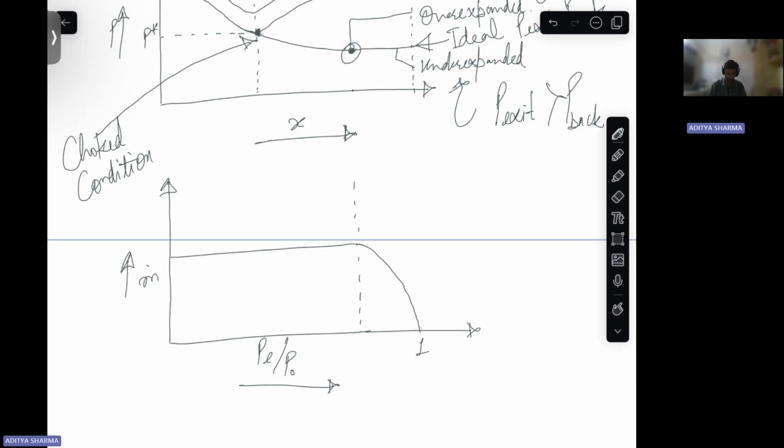So this figure is also showing the same information, that beyond a certain point, if you keep decreasing the back pressure, the mass flow rate will remain same. Okay.